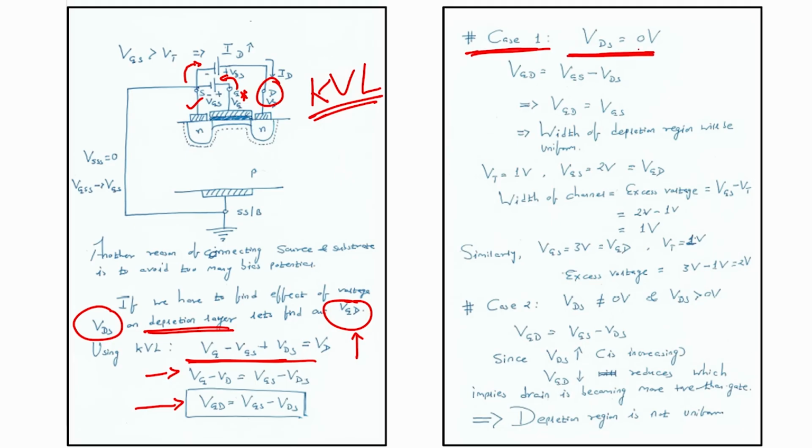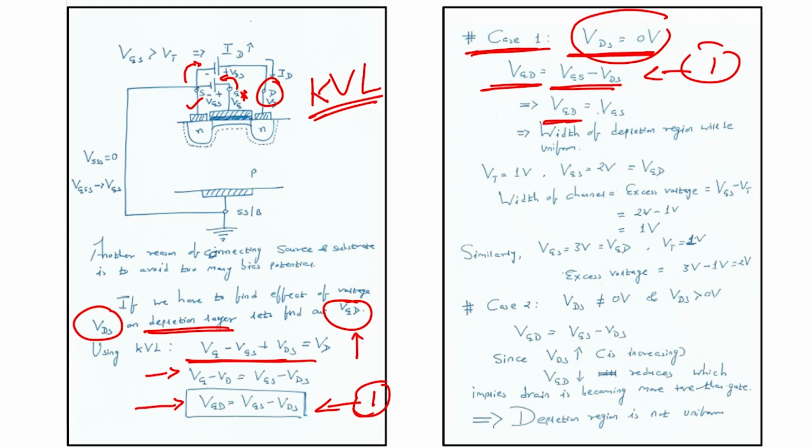From equation 1, Vgd is Vgs minus Vds, but Vds is 0 volts, so Vgd equals Vgs. That means the width of the depletion region will be uniform.